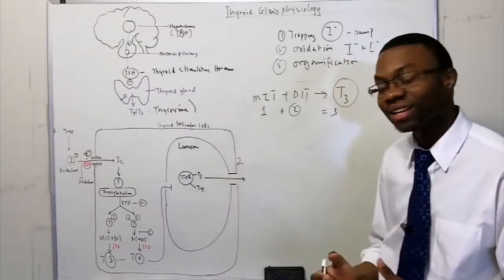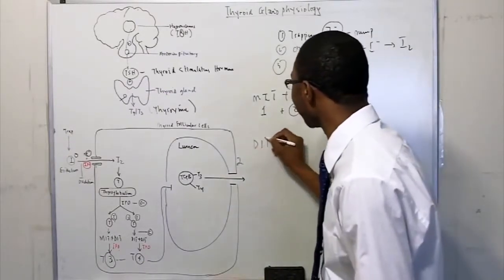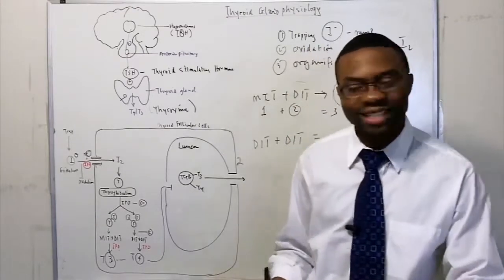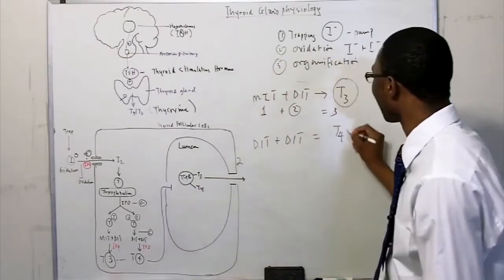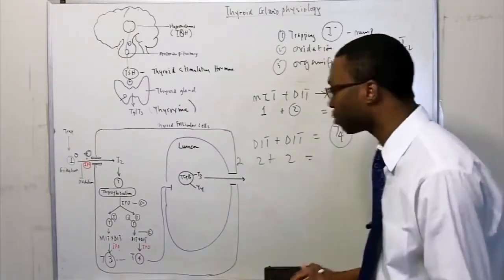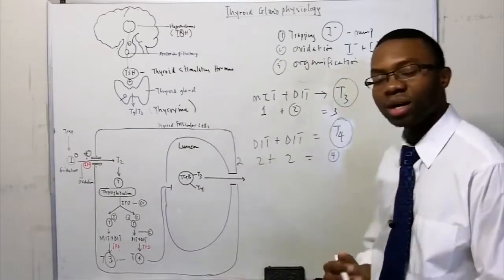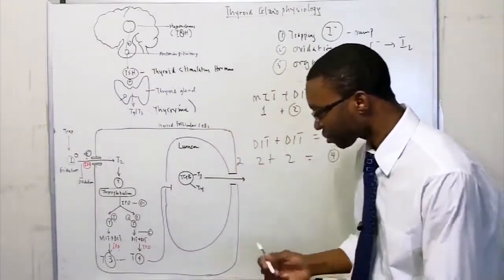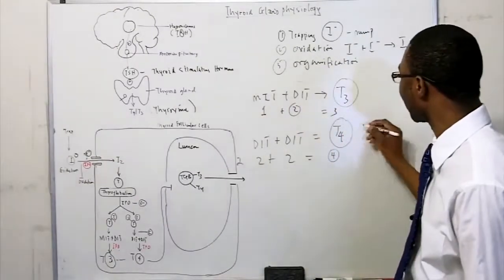MIT plus DIT makes T3. If we take two DITs, we form what? Four iodines. That's the same thing as what? T4. If all you know how to count is 2 plus 2, basic math, you get a 4. That's it, guys. Very straightforward. That's how we made T4 and T3.